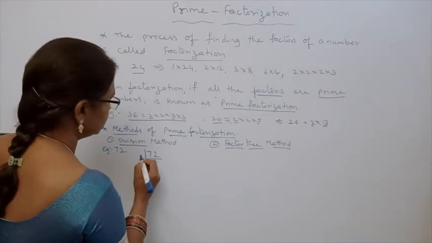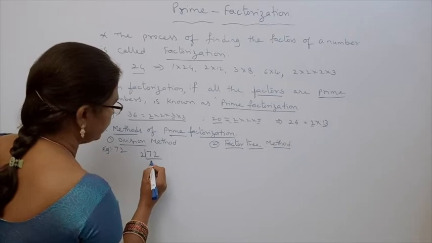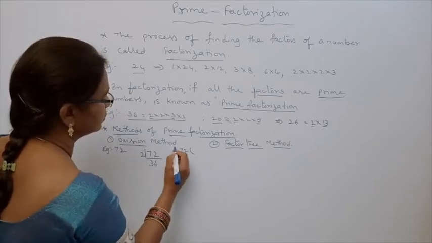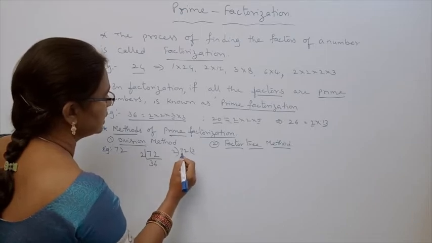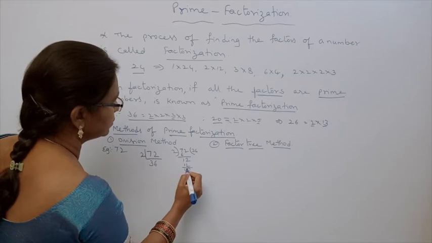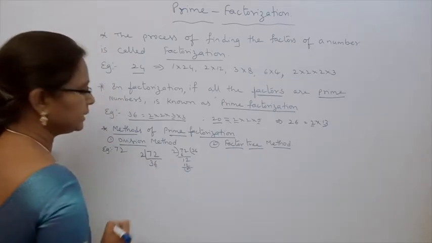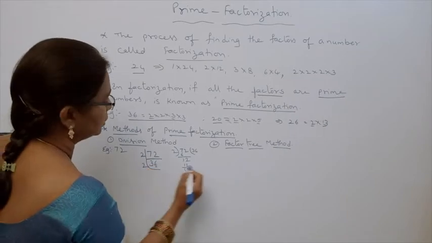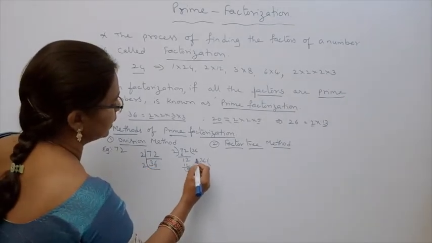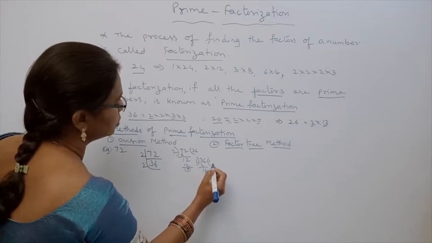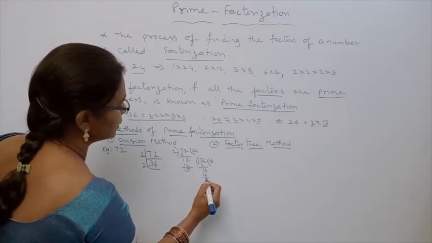First we have to take the 2 table. How many times does 2 go? 36 times. Then do the division. 2 threes are 6, 2 sixes are 12. 36. Again the last digit is 6, so again the 2 table goes. 36 divided by 2: 2 ones are 2, 2 eights are 16.